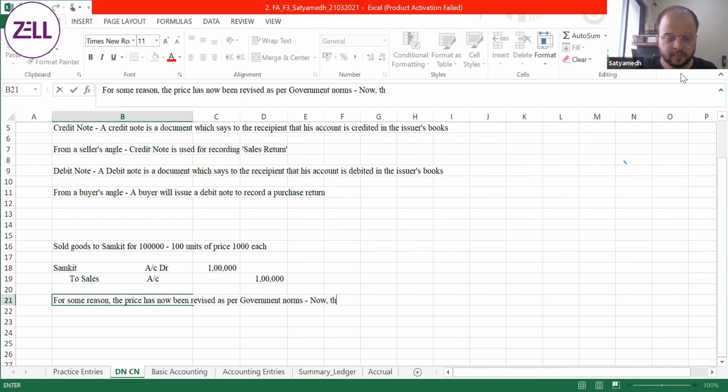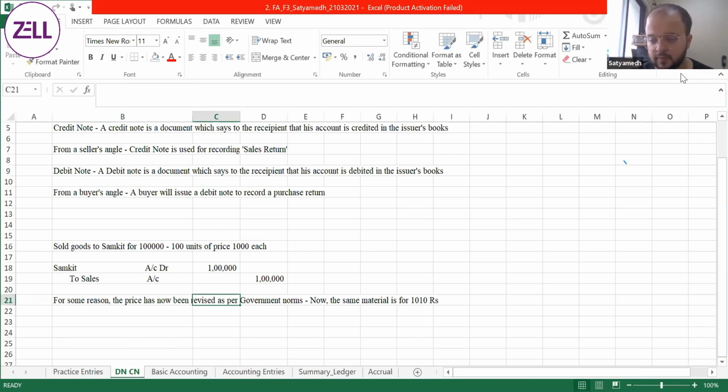Now the same material is for 1,010 rupees. Material वही है. He is not returning me anything. I am not selling him something extra. But now the price per unit has changed.